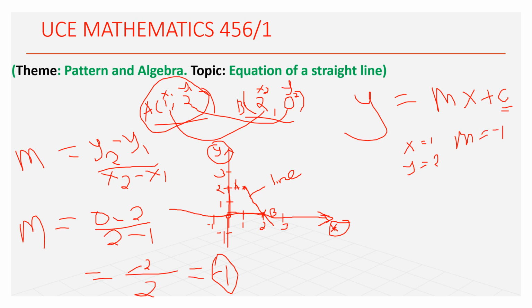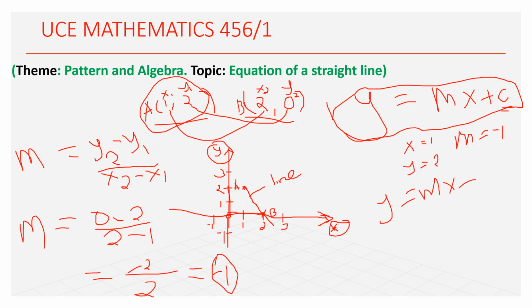So I have to substitute in the standard equation of a line, where we get the intercept, y being equal to mx plus c. So I substitute: my y is 2 is equal to my gradient, negative 1, times x, my x is 1, allow me to put in brackets just to mean multiplication, plus my intercept that I'm calculating.